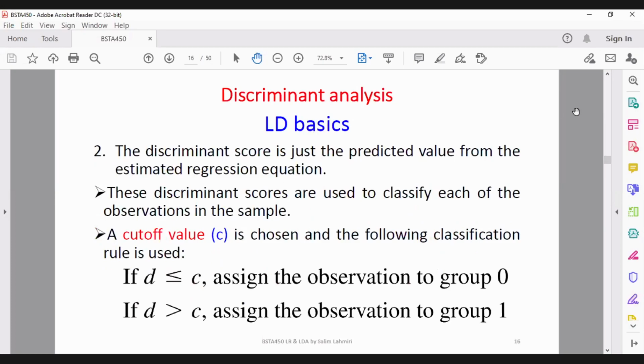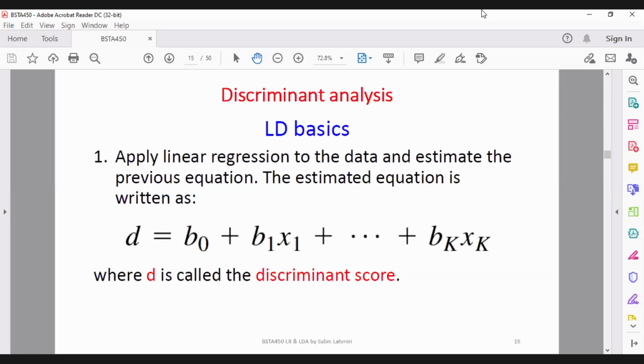The first group is used to estimate the B's, beta 0, beta 1, beta 2, beta k, and the second group is used for prediction purposes. So the original data set will be split into two groups: a group for training of the equation and a group for testing of the equation.